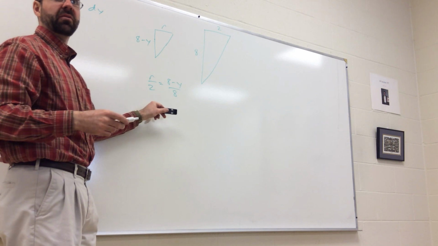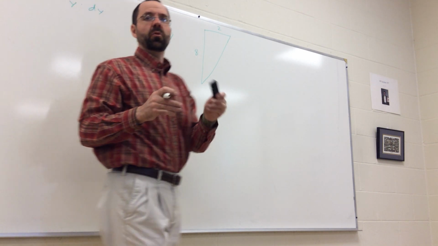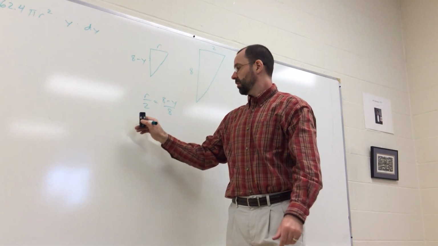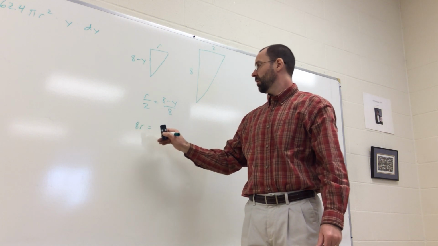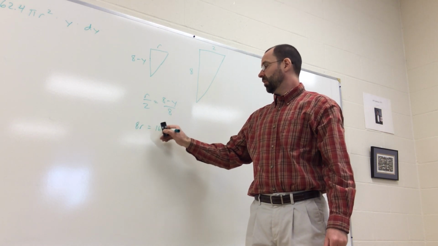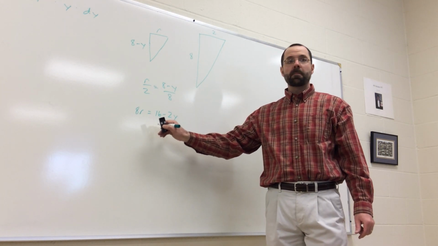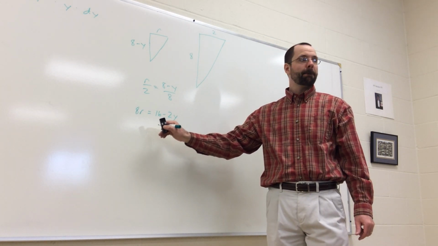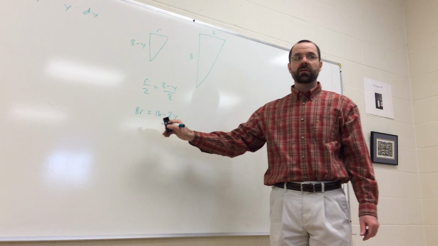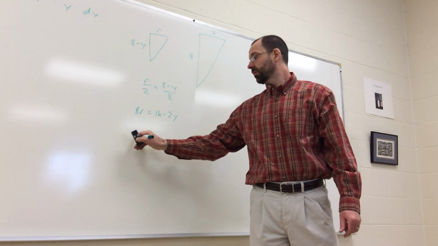And then you cross multiply from there to get the formula for r. So 8r equals 16 minus 2y. And divide both sides by 8.